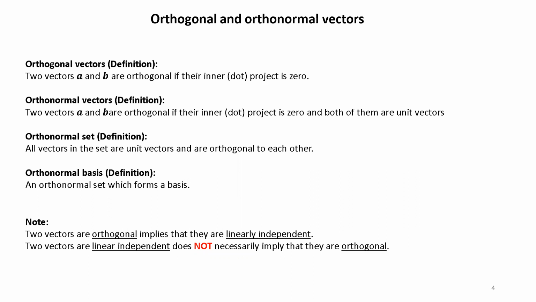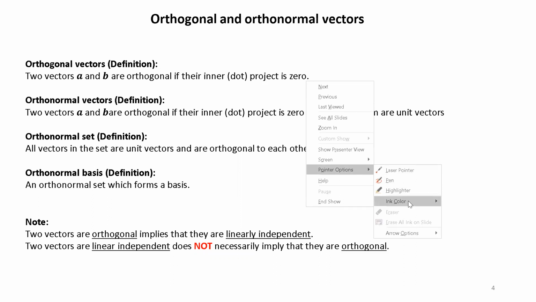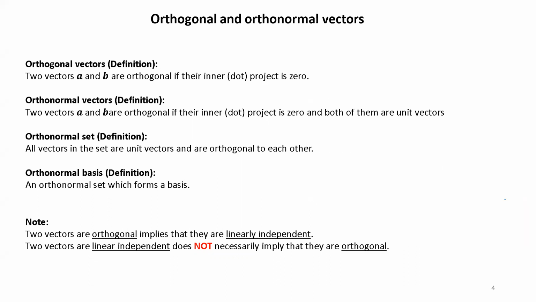So you do the dot product, right? Because if you have a vector A over here and another vector B over here, you remember that the dot product gives you the product of the magnitudes of the two vectors times the cosine of the angle between them.